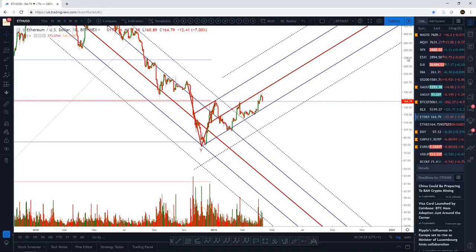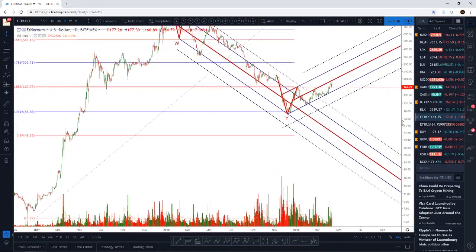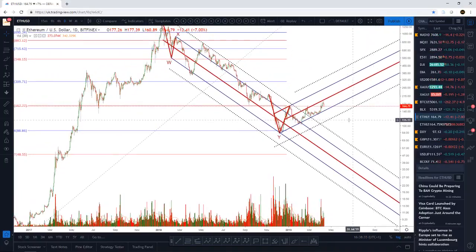In terms of where I think Ethereum may come down to, it's difficult to say. As I say, this is looking corrective, but like Bitcoin, it could still potentially be bullish. If we were to look at it from a bullish perspective, I'd call this a wave 1.